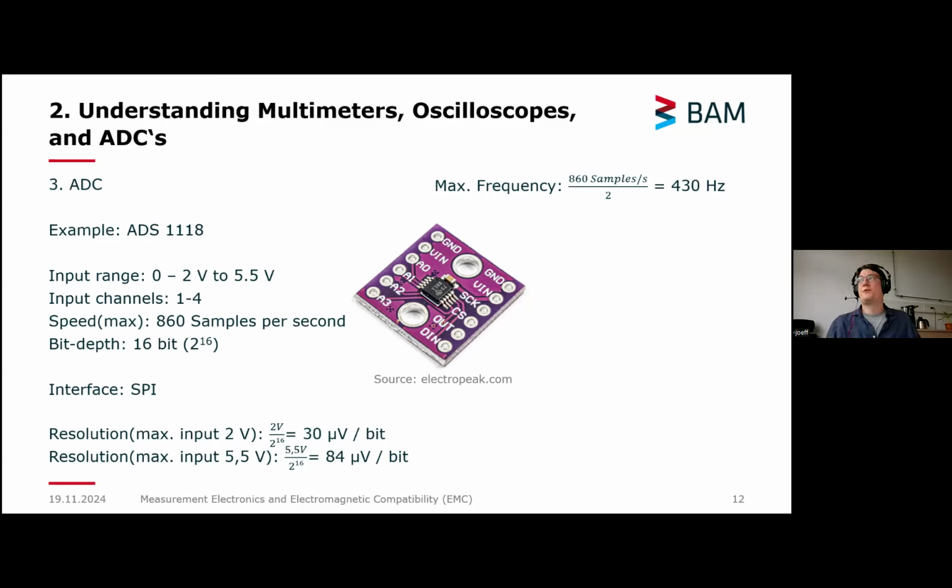And this microcontroller could be plugged into a USB port, and then you can transfer the readings of that analog digital converter. This interface is called SPI. There are a few interfaces in the embedded systems world, and SPI would be one. And this is a quite slow analog digital converter. There are way faster ones, like oscilloscopes going up to a few hundred megahertz.